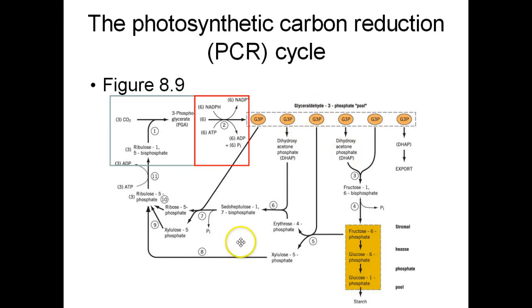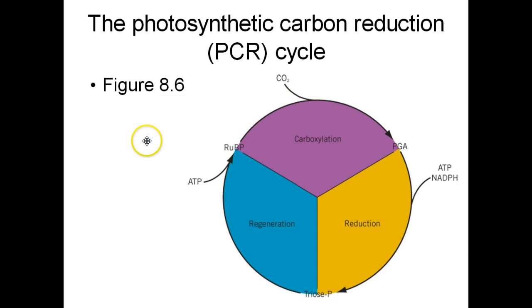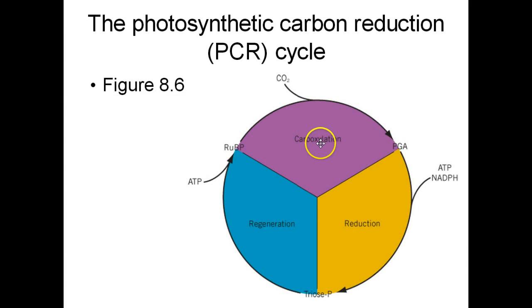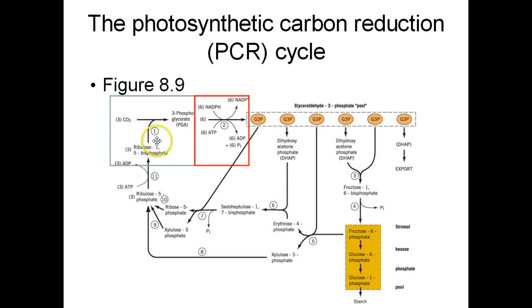The reaction here, let me go back, sorry. The reaction here, the carboxylation, Rubisco, RuBP bisphosphate, this protein that catalyzes this reaction is the largest amount of protein in the world by weight.